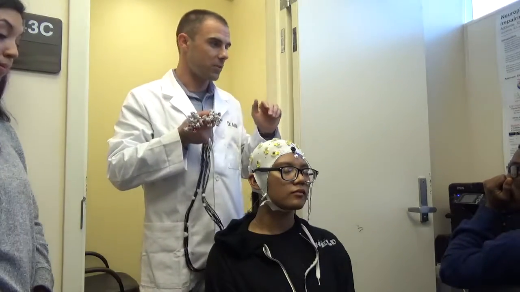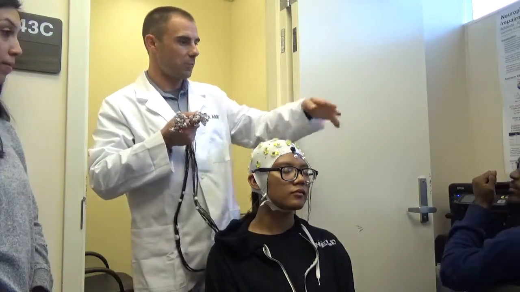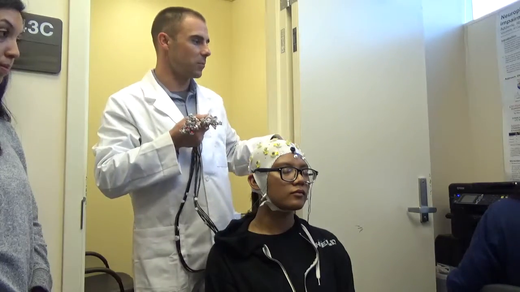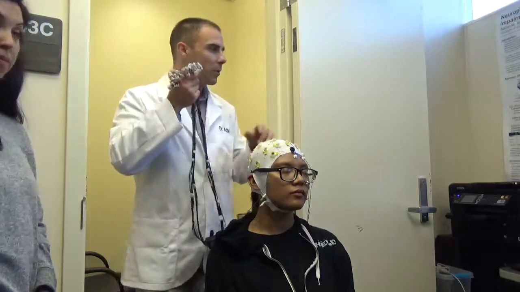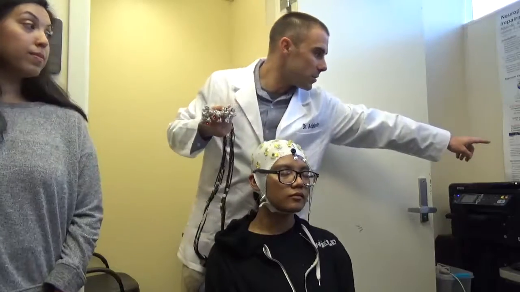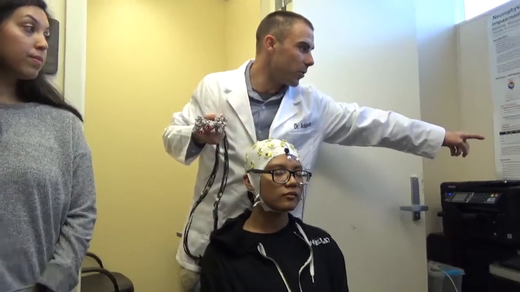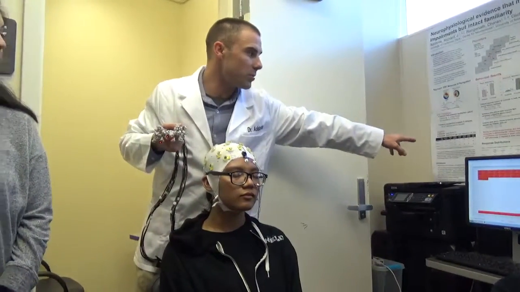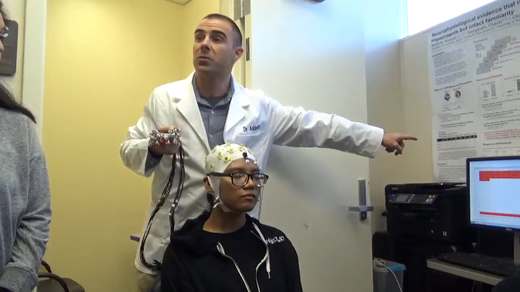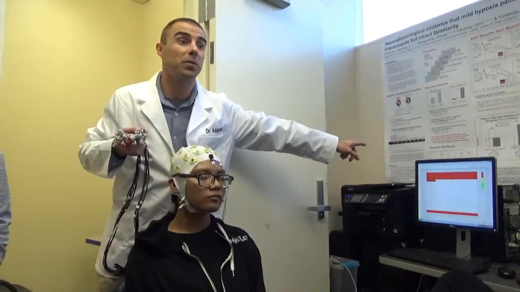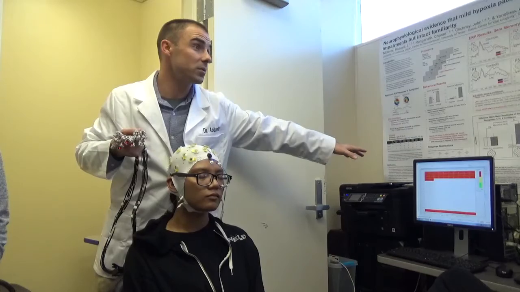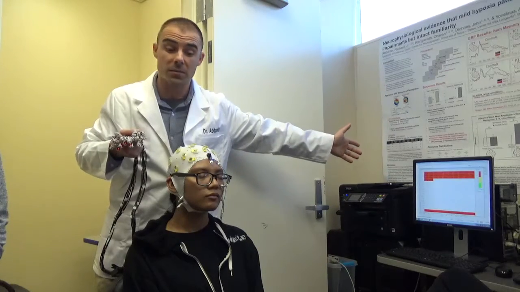Alex, it'd be helpful if you scoot out a little so they can see the computer screen. These red squares are all the different electrode sites, and they have the labels we talked about: P3, P4, the International 10-20 system that we'll revisit back in class.